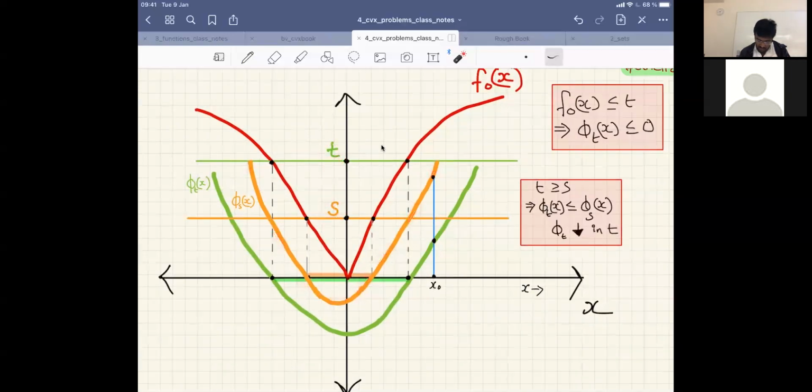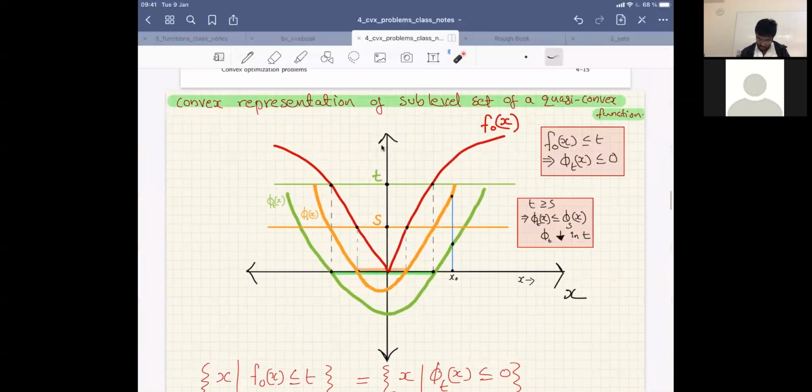For a particular x, for example x0, phi s of x0 is greater than phi t of x0. In other words, if t is greater than s, phi t of x will be less than phi s of x. So phi t is non-increasing in t.